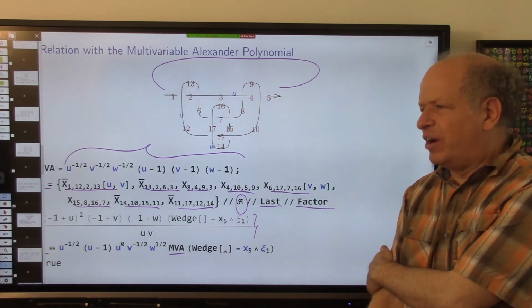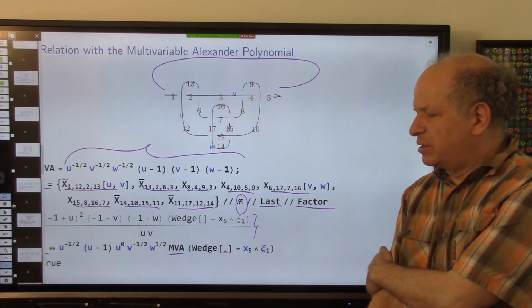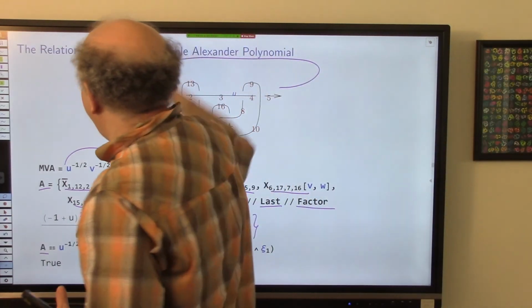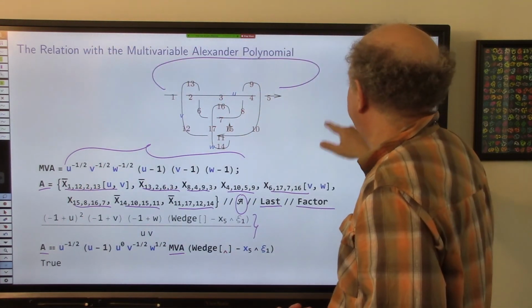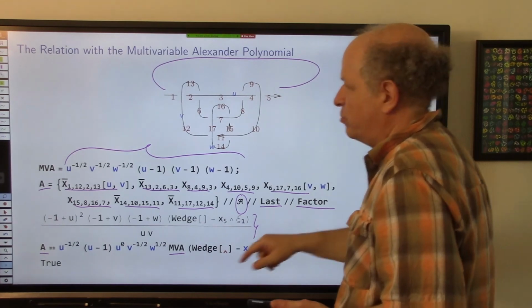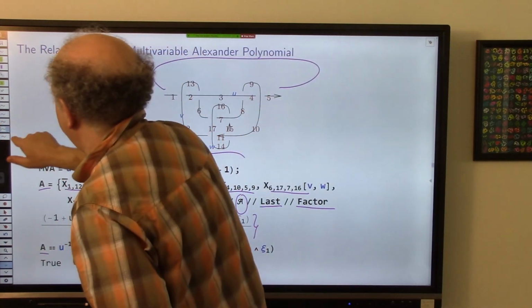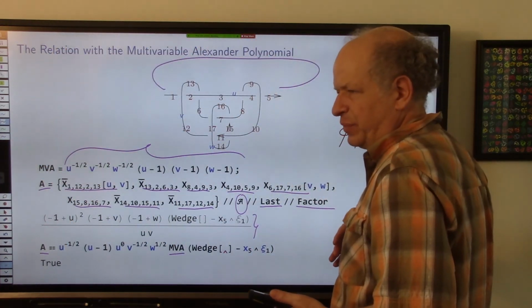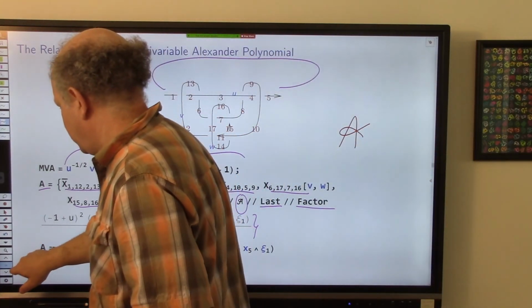The A calculus is what I talked about. The whole talk was about it, right? This was this calligraphic A calculus. And is it related to the Fox calculus?